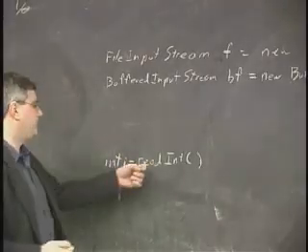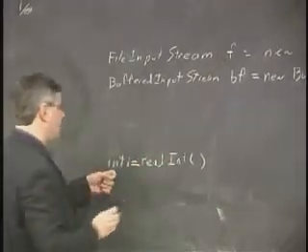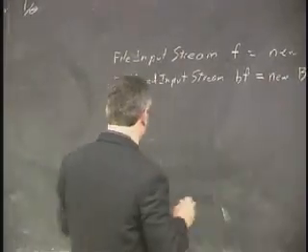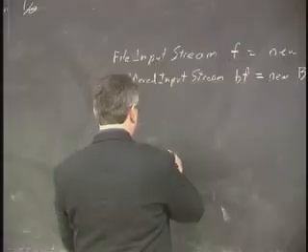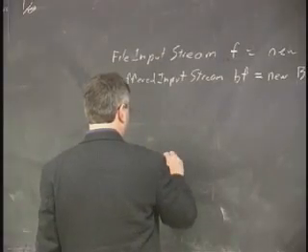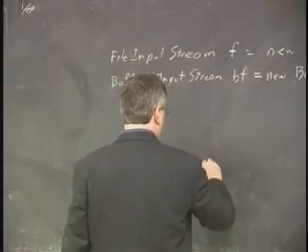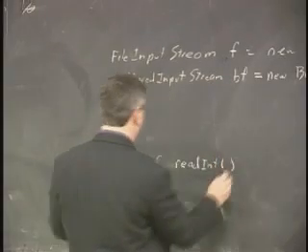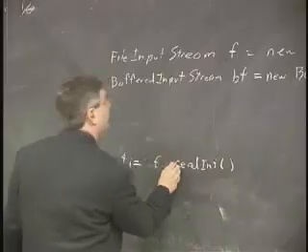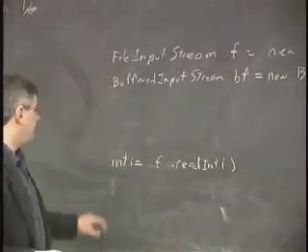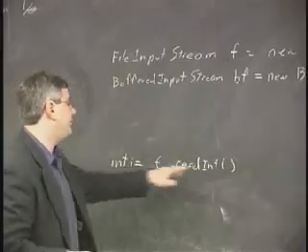So we do something like i equals read int. Actually, we need a stream to call that on, something dot read int. I left a little space there because we don't know whether it's f or bf that we're going to call this on.